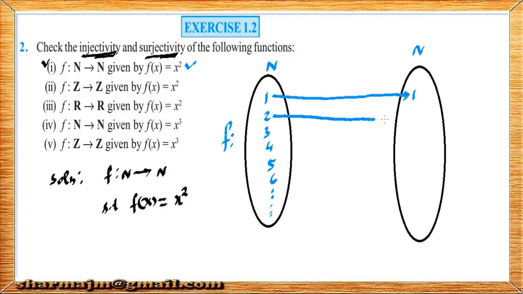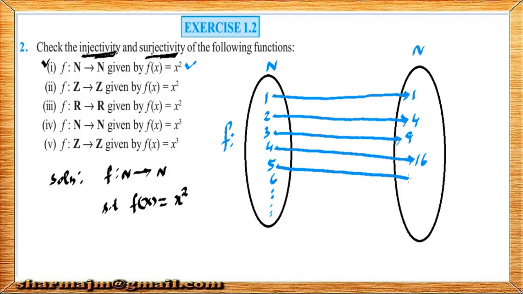Image of 2 is 2 square, that is 4. Image of 3 is 9. Image of 4 is 16. Image of 5 is 25 and image of 6 is 36.